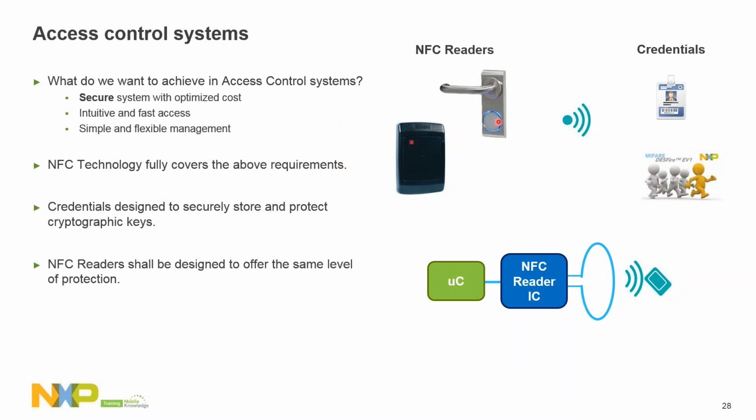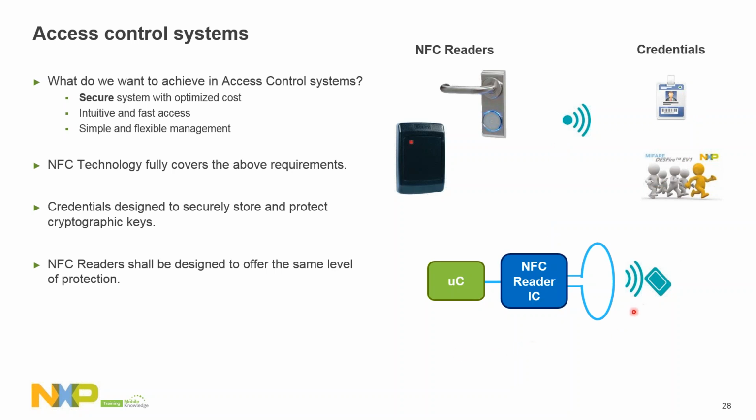In a typical NFC access control, we always have the NFC readers on one side, remember the architecture, which represent the infrastructure and access control points, and the user credentials on the other side, which allow the user to be identified against the system. In principle, this is a good representation of a very simplified architecture of an NFC reader.